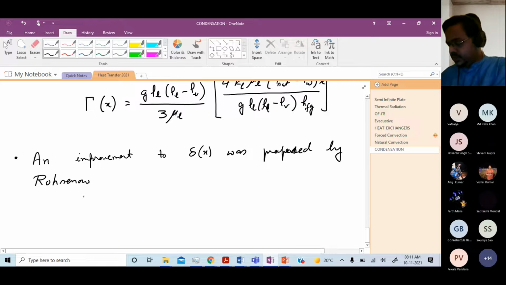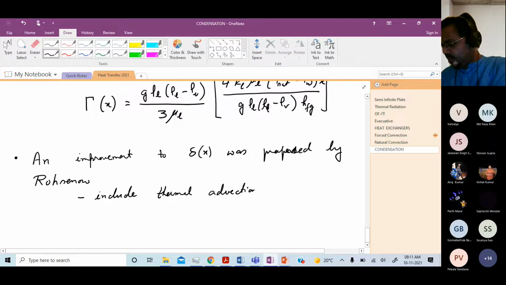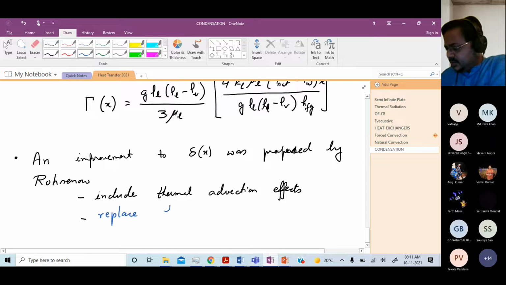Warren Rosenau said what he wanted to do was include thermal advection effects. So what was his proposal? His proposal was to replace HFG by HFG prime, and we'll not get into why he did this.